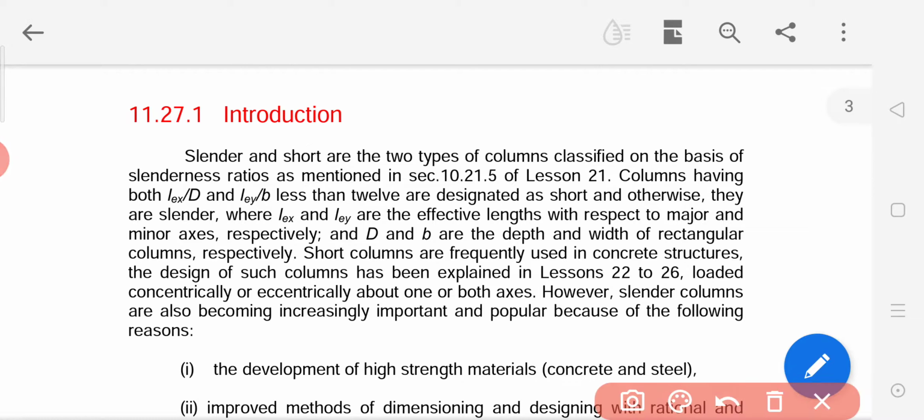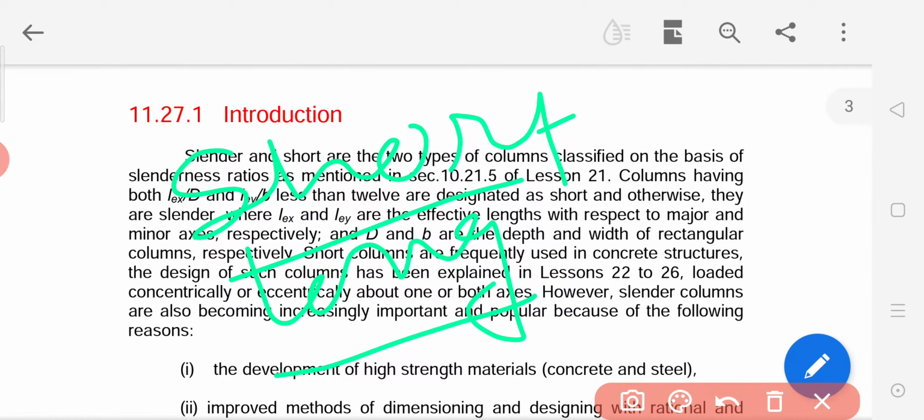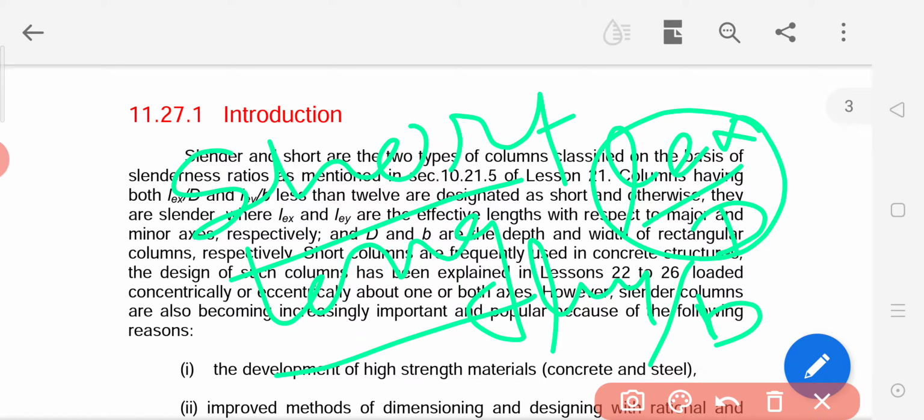There are two types of column, short column and long column. These are decided according to the LEX upon D and LEY upon B ratio, the slenderness ratio, below 12 or above 12.